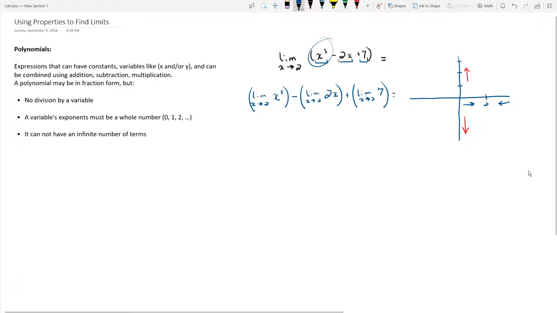Now, in this case, we still can't really solve this. We have a couple of things that are in our way.